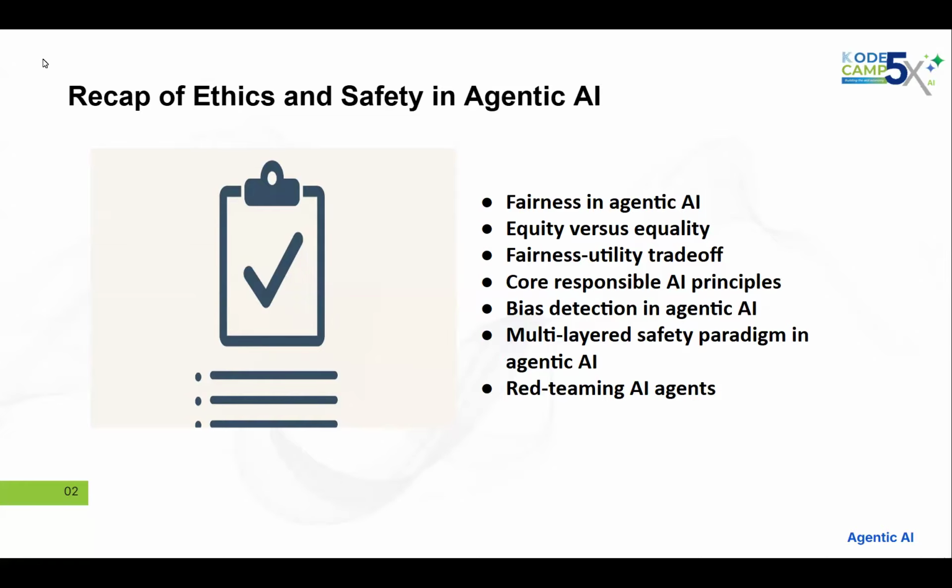And with red teaming, this is when we, the developers and engineers, attack our system to find out if there are weaknesses or loopholes within the agent that we have built so far.